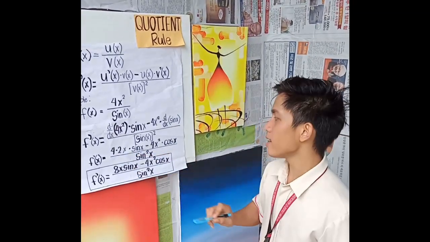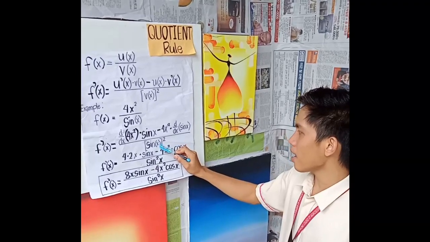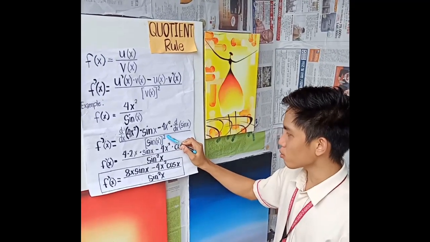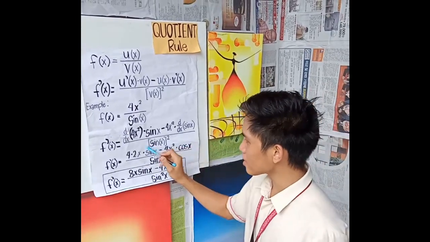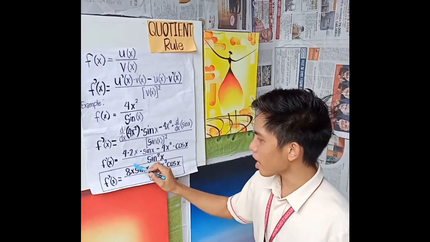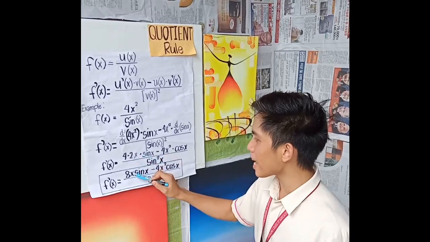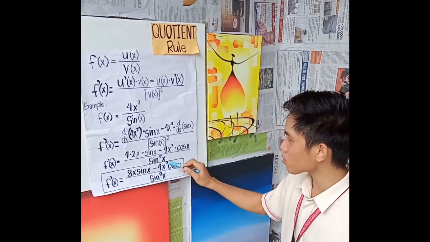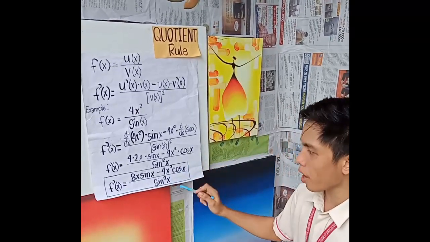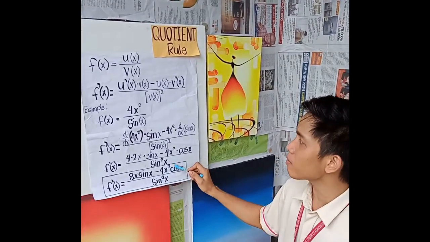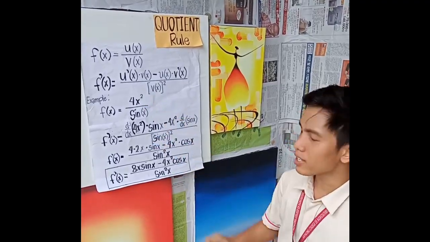All of that over sine of x raised to 2, which is just equal to sine squared x. So we just simplify this one. 4 times 2 is equal to 8x times sine of x minus 4x squared times cosine of x, all over sine squared x. So that would be the derivative of 4x squared over sine of x.